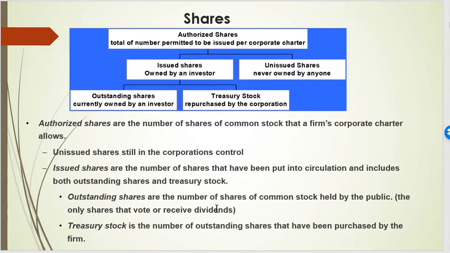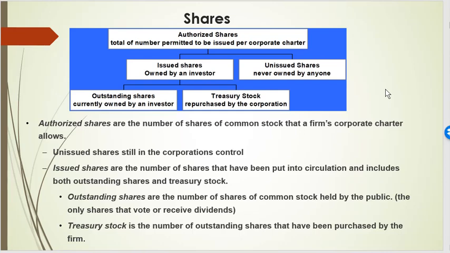So let's talk about shares in general. When a company becomes a corporation, they have to file what's referred to as a corporate charter. It's a guideline, right? It's the rules that they're going to follow. One of the things that it stipulates is the shares. So the authorized shares are the total number of shares that are permitted to be issued by this charter.